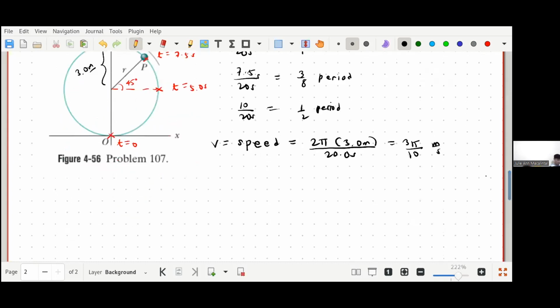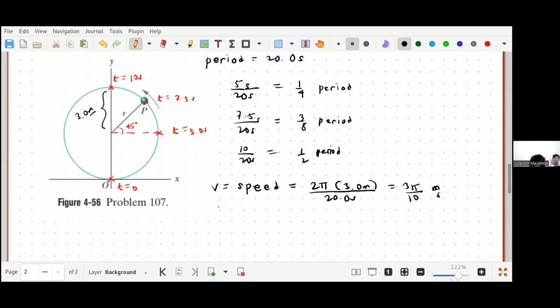Okay, acceleration. So we know the speed. Yung acceleration is v squared over r. So 3 pi over 10 meter per second squared divided by 3.0 meters. So that's 3 pi squared over 100 meter per second squared.